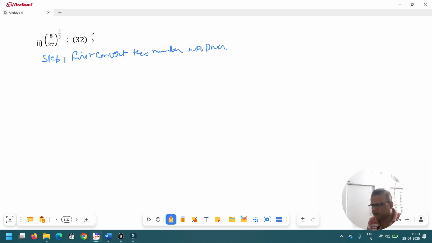That is, 8 is equal to 2 का power 3, 27 is equal to 3 का power 3, and 32 is equal to 2 का power 5.